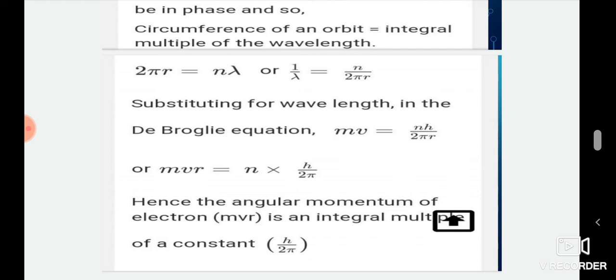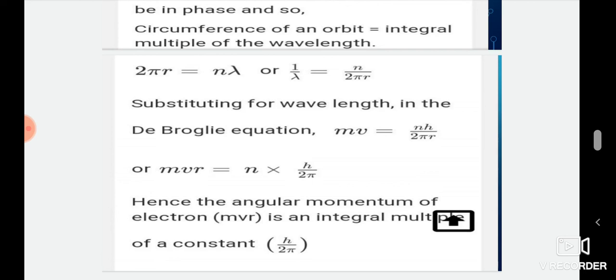Now here we put the value of lambda from the de-Broglie equation. We know that lambda equals h upon mv, तो हमने उसकी यहाँ वैल्यू पुट करी है, and finally we get the same expression, that is mvr equals nh upon 2pi. So this is the application of the de-Broglie equation to Bohr's model.